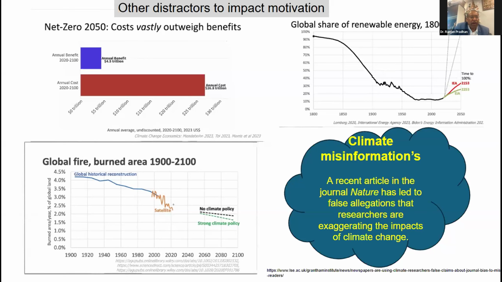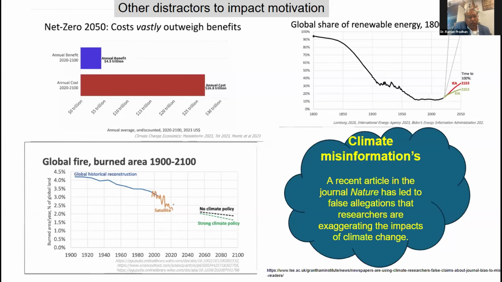In the same way, global fire. In Canada, it's a high concern because there are a lot of fires, and in America also the fire is huge. And this comes to the news and makes us aware that so many fires happen because of climate change. But actually, when we reviewed satellite data, available since the 90s to monitor this, the trend is going down.